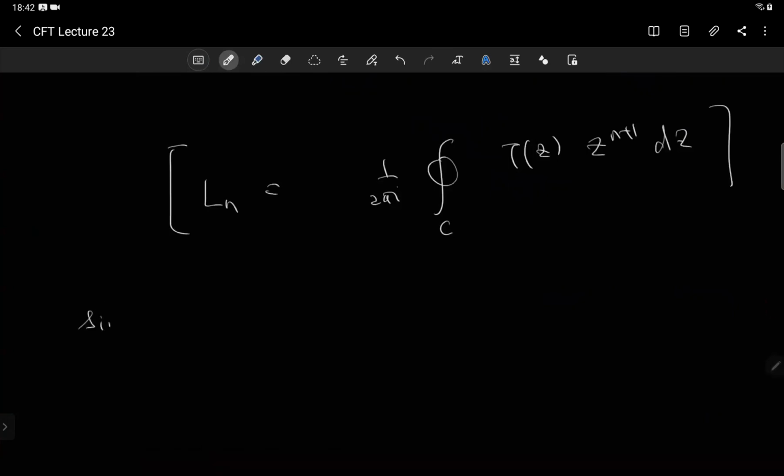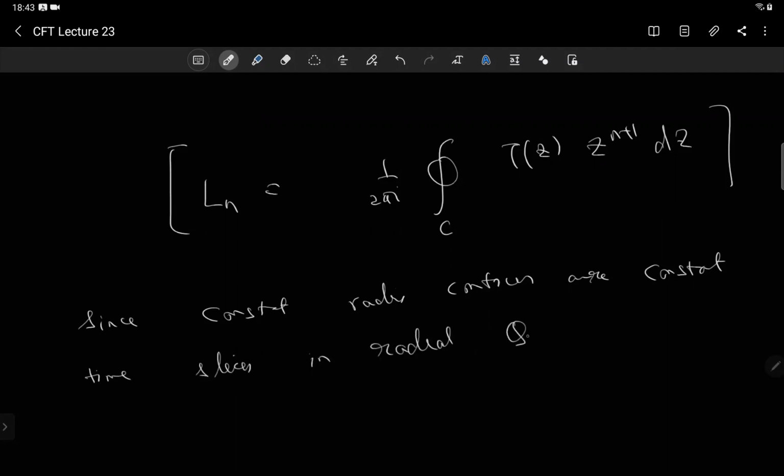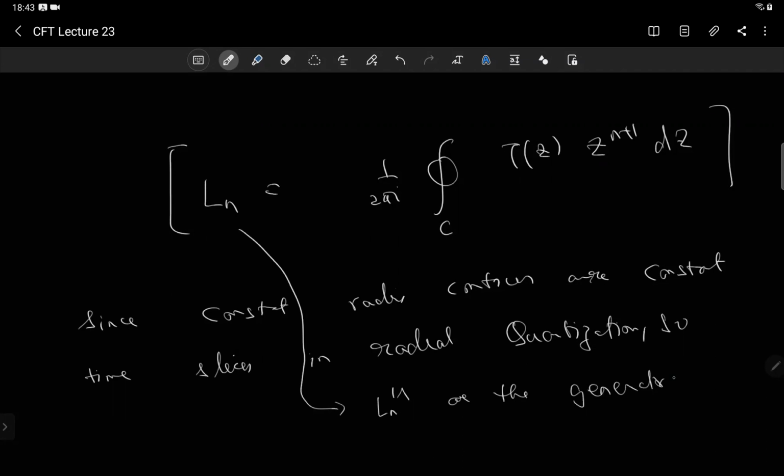Or, since constant radius contours are constant time slices in radial quantization, these Ln's are the generators of the conserved charges associated to epsilon(z) equal to epsilon times z to the n plus 1.